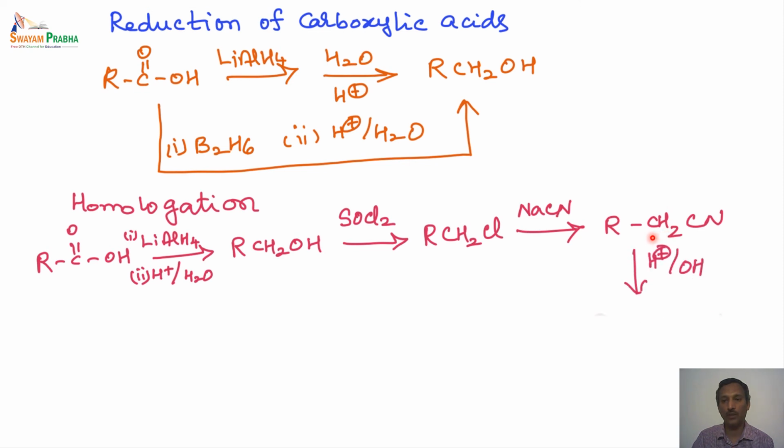This cyano derivative on hydrolysis produces the corresponding carboxylic acid. So if we have RCOOH as the starting material, we end up with RCH2COOH. One carbon is added, that is, the homologation of the carboxylic acid has happened through the reduction followed by other functional group transformations.